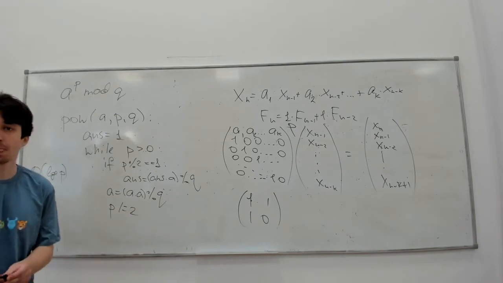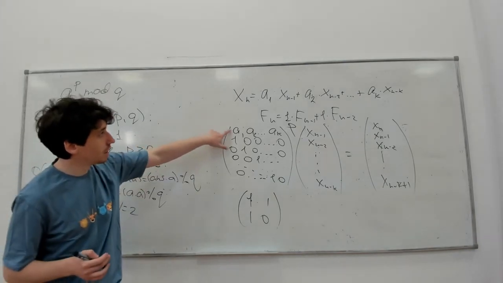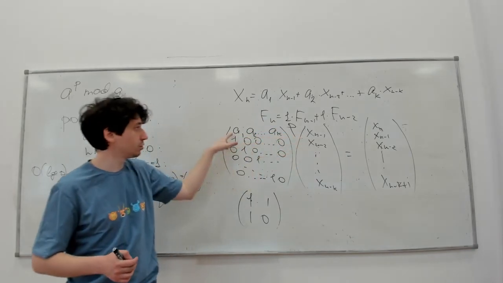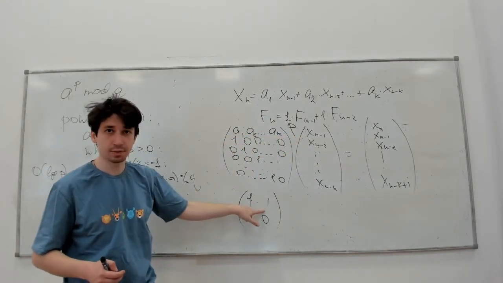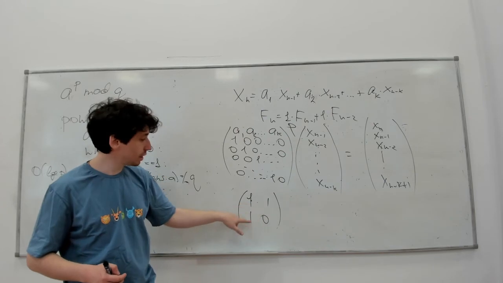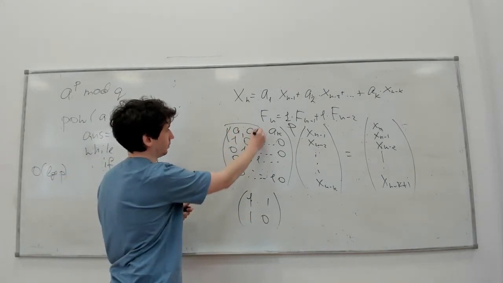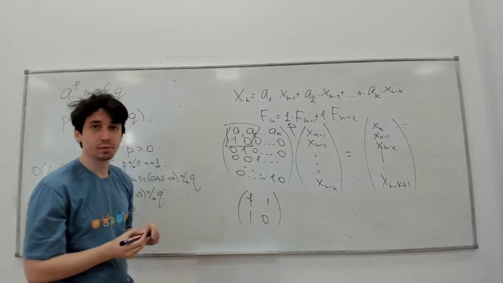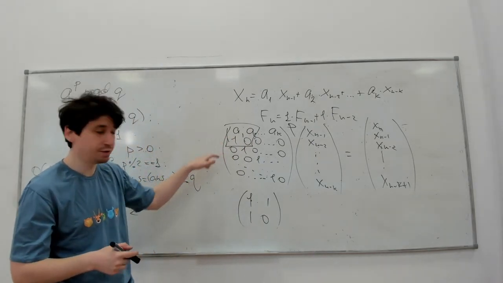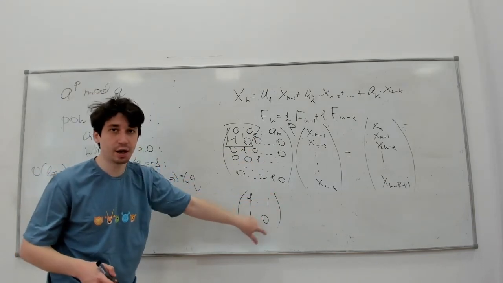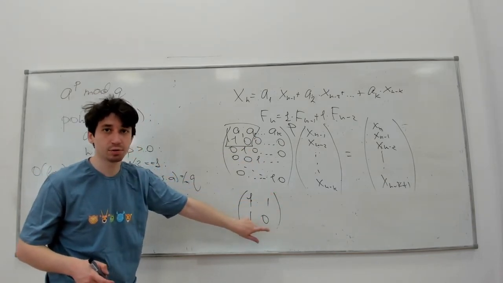As you can see here, the first row is 1s because this is 1 here. And the second row is 1 0 because you can split. So you have to keep the previous Fibonacci number and cut out the last one.